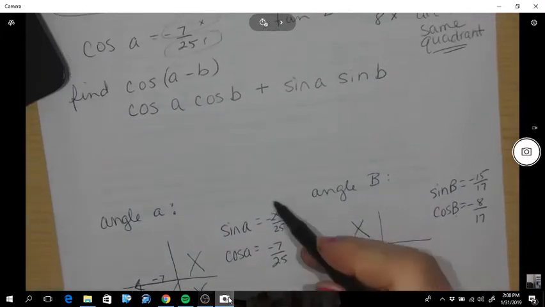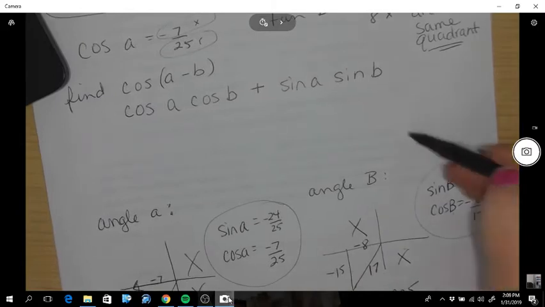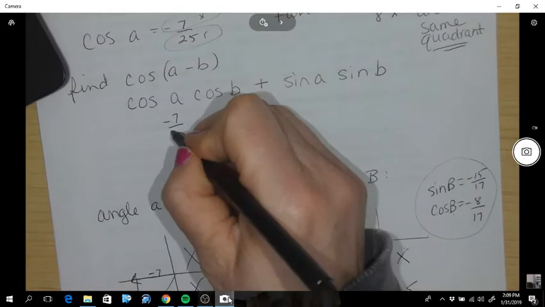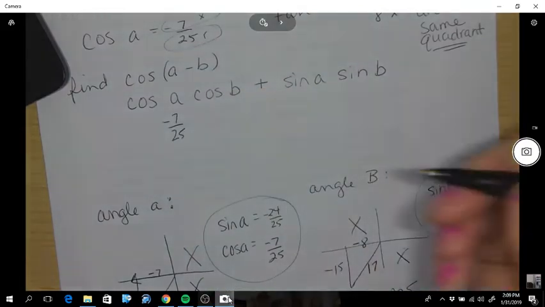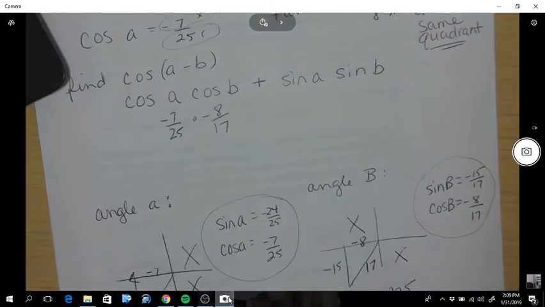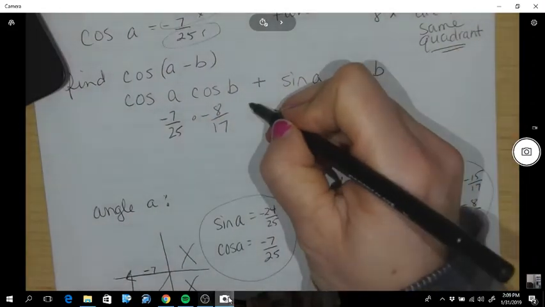Okay, now let's use those and fill in. So cos A, negative 7 over 25, cos B, negative 8 over 17.